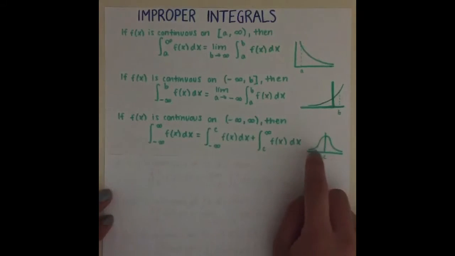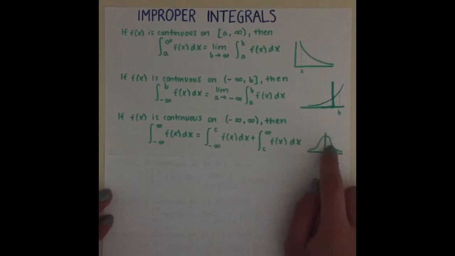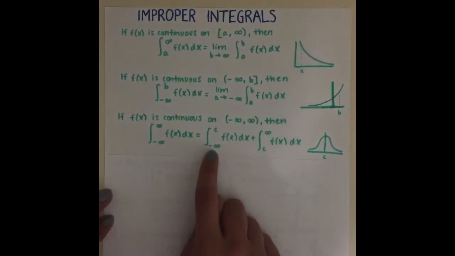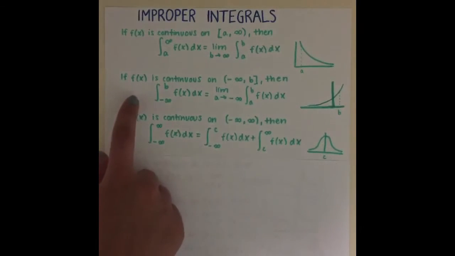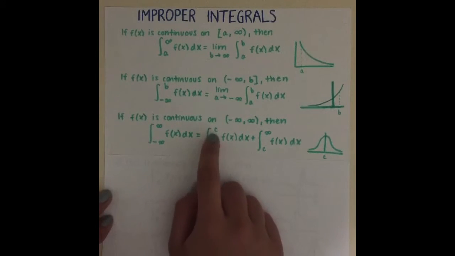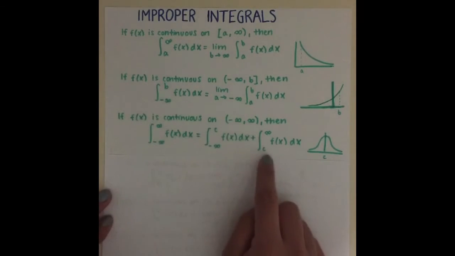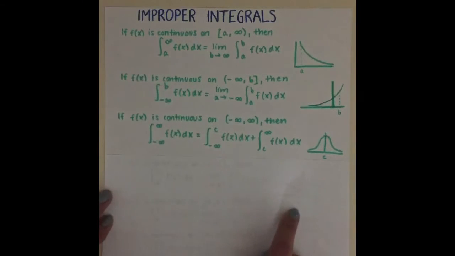The first area is represented right here, and the second area is represented right here. But because we have negative infinity and infinity in these integrals, we will have to use the first two definitions of integrals in order to solve this. From negative infinity to c, we will use this definition. From c to infinity, we will use this definition. In the practice problems, we will demonstrate this rule.